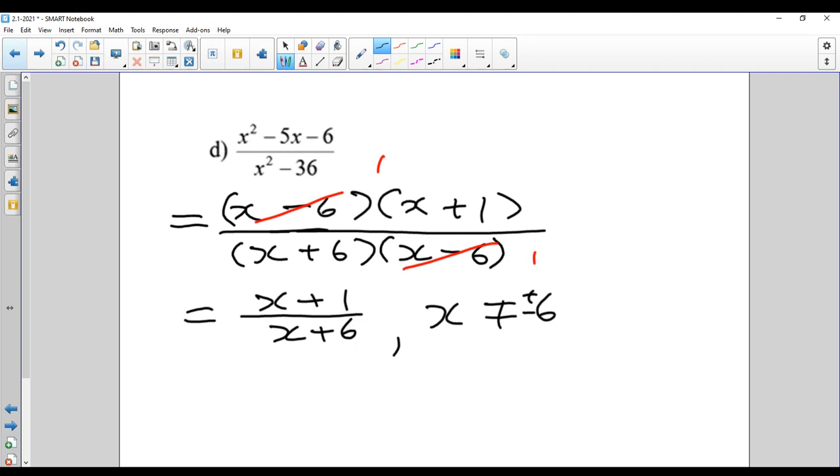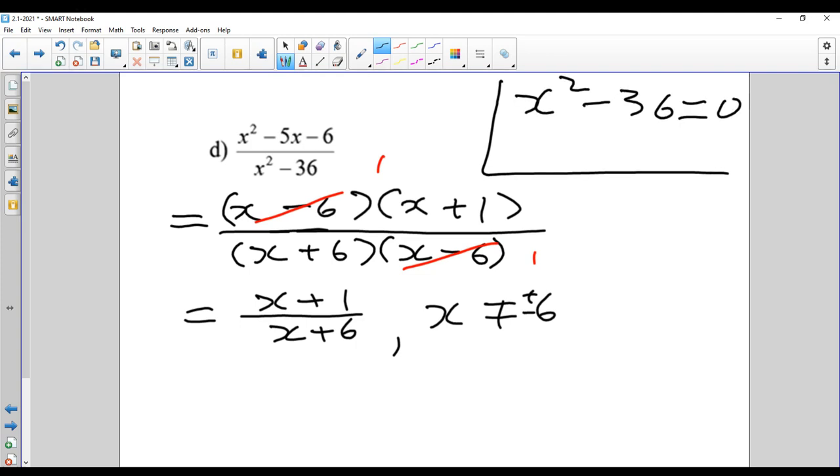You get the restrictions from going back to the original and asking, what could have made that denominator become 0? And I said to you a few minutes ago, set it equal to 0. Take the x squared minus 36, set it equal to 0. What value of x is going to make this equal to 0? So one way to do this, Aria, is to say, I could just simply put that 36 on the other side.